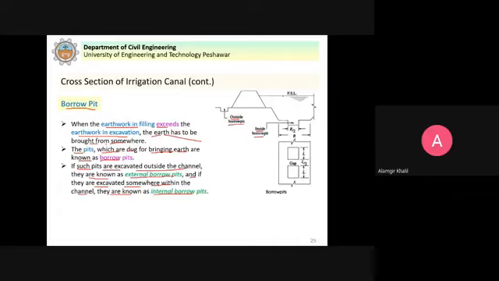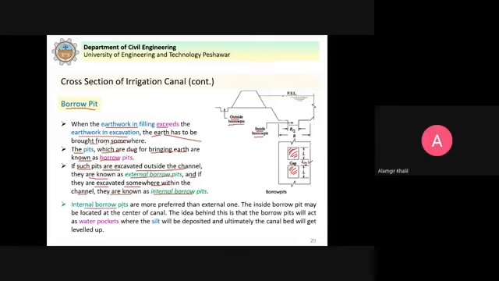They are excavated at the bed of the channel or canal. You can see here that these pits are excavated, and then this material is used in filling. These pits have this spacing L by 2. Then again at the center of the bed of the canal, another pit. So these are internal borrow pits.